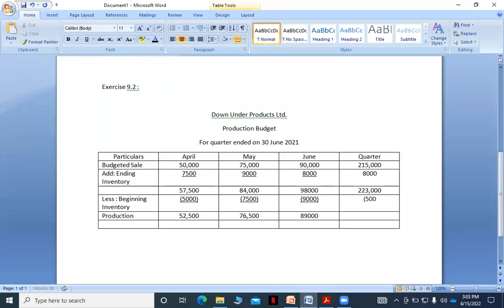So deduct 5,000. 5,000 করলে কত হয় এখানে দেখেন? 2,18,000. Sorry, 2,18,000 is our total quarter.